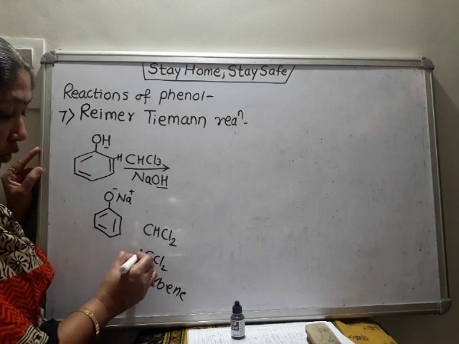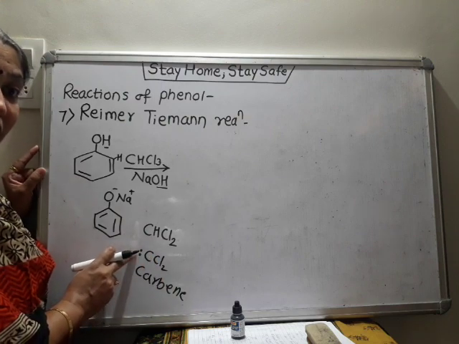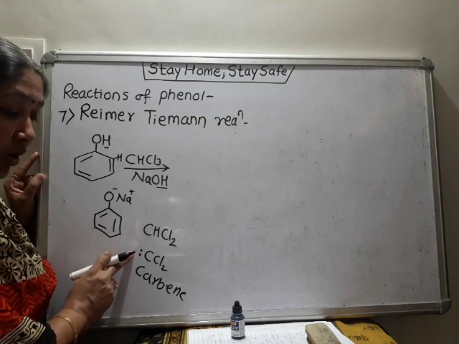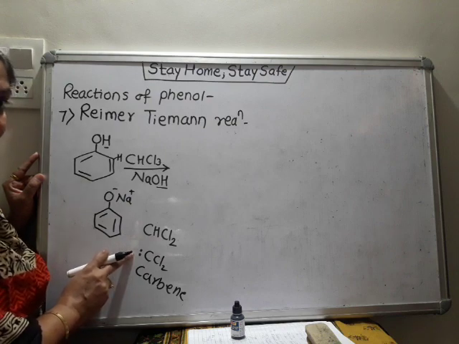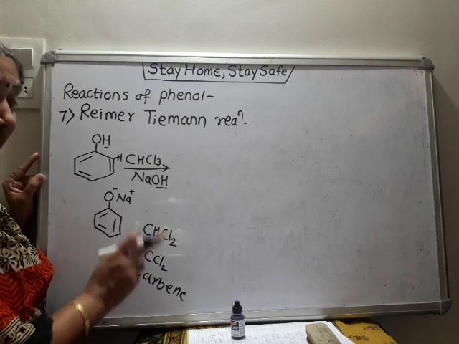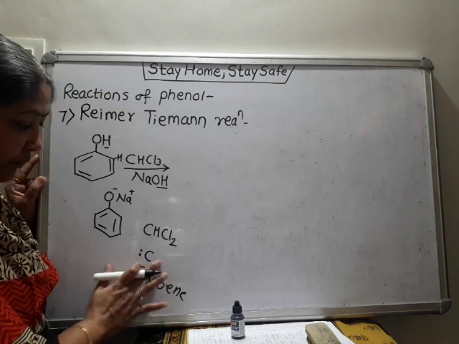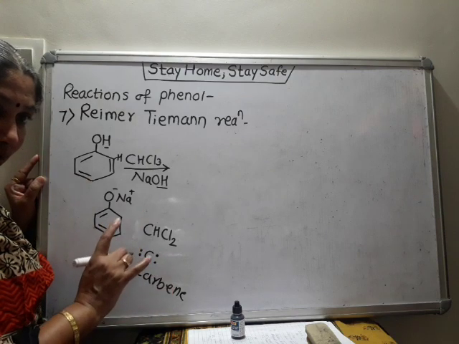It has one lone pair of electrons. Everybody thinks that a lone pair of electrons means it is electron rich, but it is not electron rich. It is electron deficient. So always remember, CCl2 is electrophilic in nature. Why is it so? Carbon atomic number is 6, electronic configuration is 2, 4.